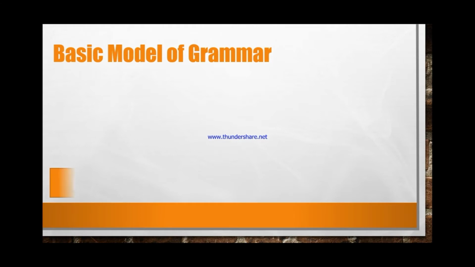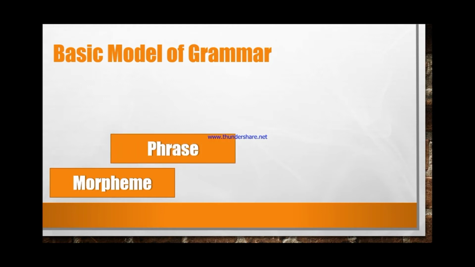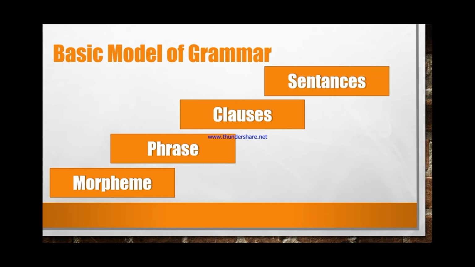We have the morpheme, the smallest unit of sound. Phrase, a brief expression. Clauses, groups of words that contain a subject and predicate. Sentence, a group of clauses and phrases forming a syntactic unit. It is organized and said to be the largest unit in the basic model of grammar.